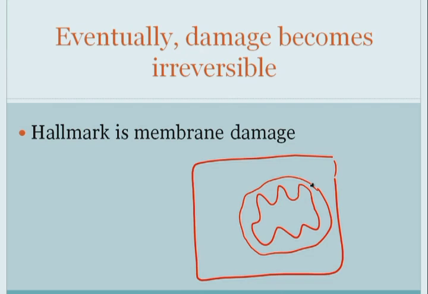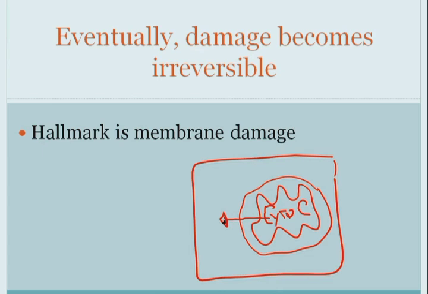Another high-yield consequence of damaging the mitochondrial membrane is that within the mitochondria there is a very important molecule called cytochrome C. Now, cytochrome C is present within the mitochondria and is carefully guarded. If cytochrome C leaks out of the mitochondria and comes into the cytoplasm, it has the ability to activate apoptosis.